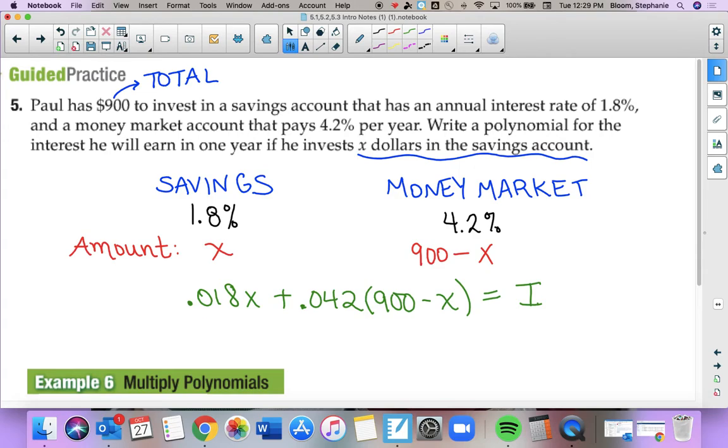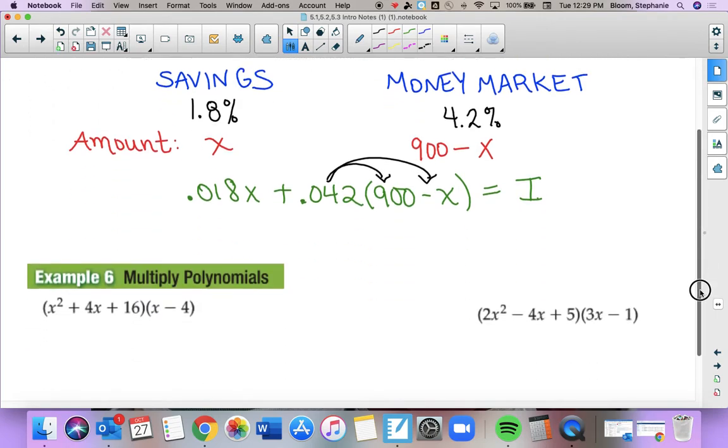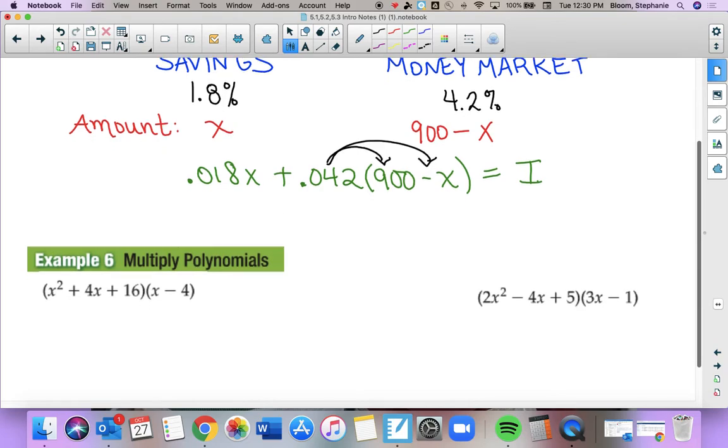So go ahead and distribute your 0.042 through. If you would help me out, please. What is 0.042 times 900? Say it again. And then minus 0.042x. Bring down this x. And what's the last thing I can do? Combine what?